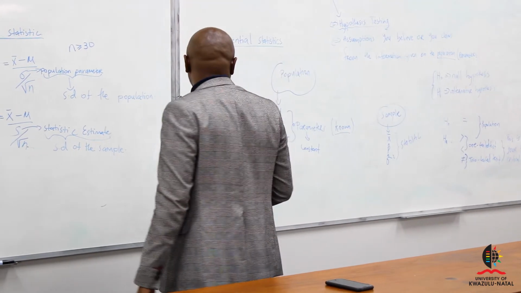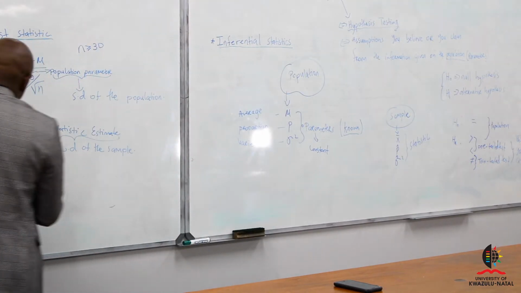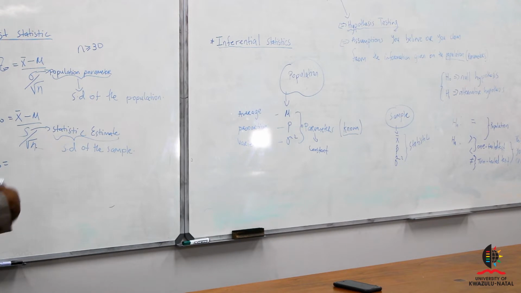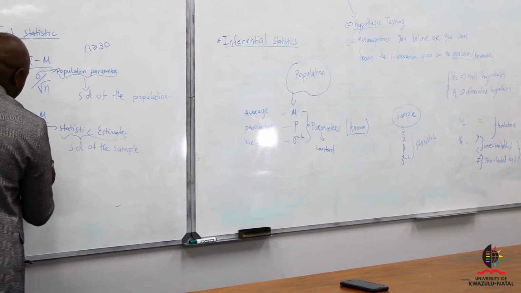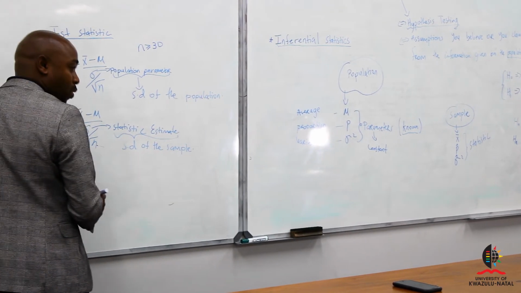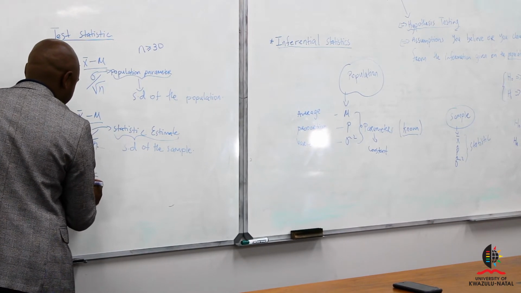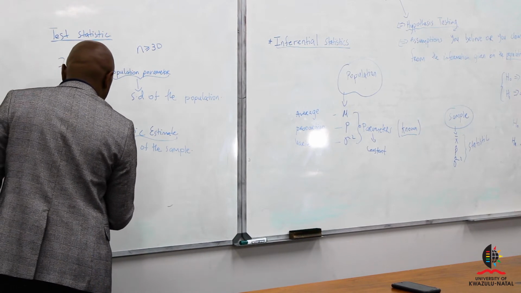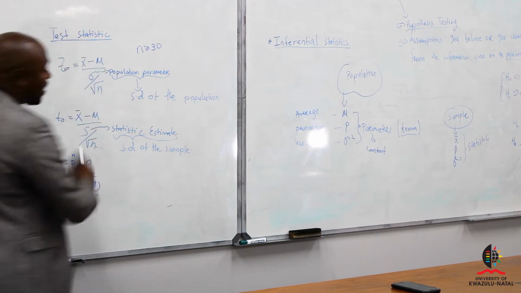Now, what if your hypothesis test is based on proportion? The test statistic for a hypothesis test of proportions is Z naught equals P hat minus the true proportion P naught, divided by the square root of P naught times 1 minus P naught, all over n.